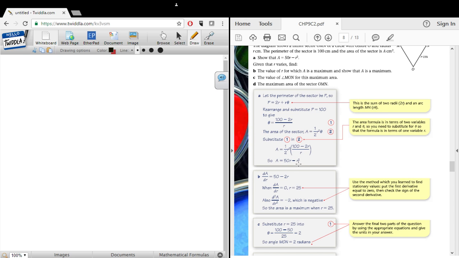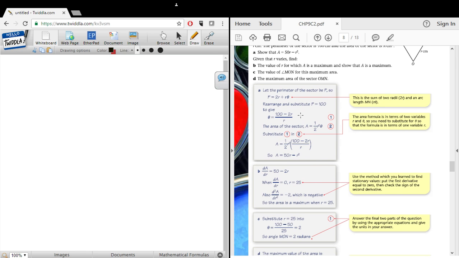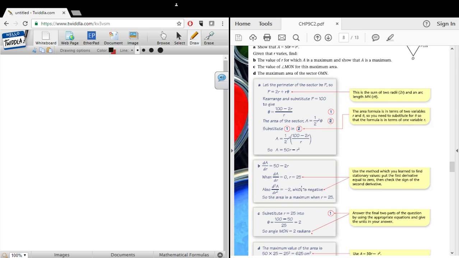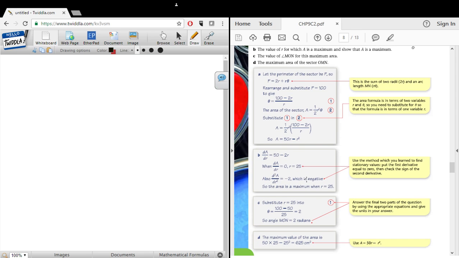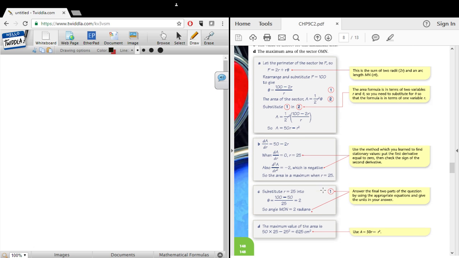So we know now what the area is, which allows us to move on to our next question, which is asking us to find the maximum, and show that A is the maximum. So again, we differentiate it, we get that this is the equation, equal to 0, r equals 25. Differentiate it again to find out that it's negative, which indicates that it's a maximum.